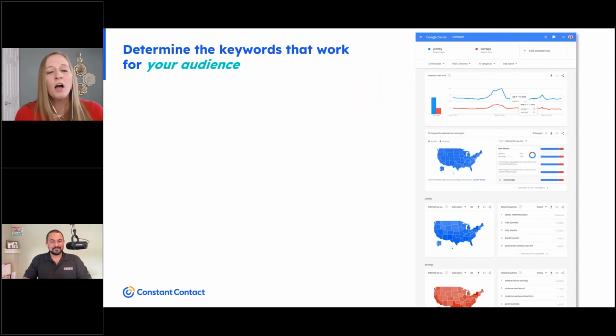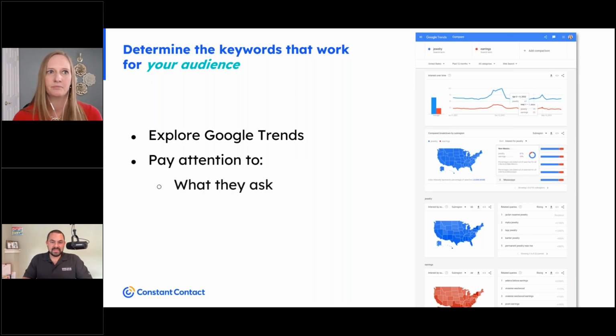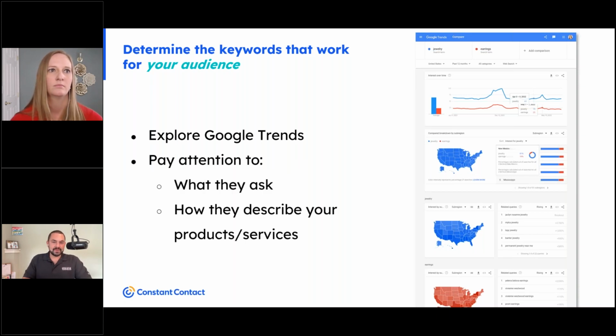So along with the subject line and even the headline within your email, keywords are going to be an important thing. What advice do you have when it comes to picking the right keywords? Sure. Many of you marketers and business owners think of keywords with search engine optimization and your website, but it also has to do with capturing attention and driving engagement.